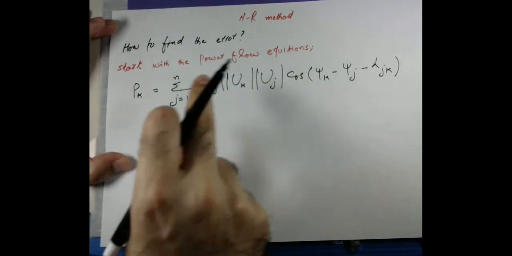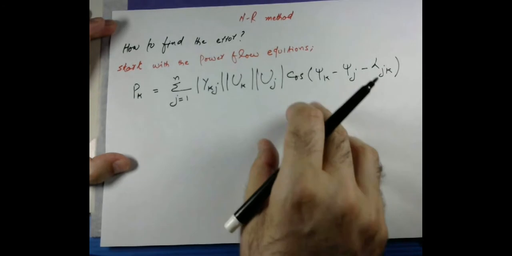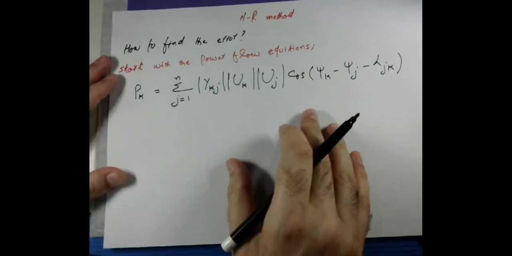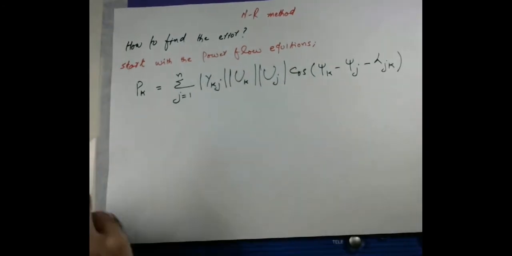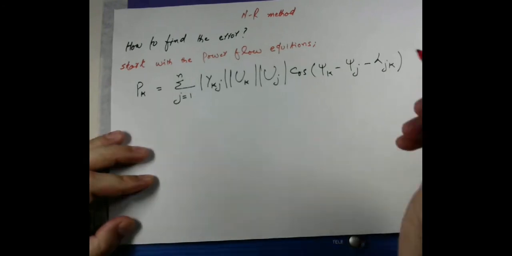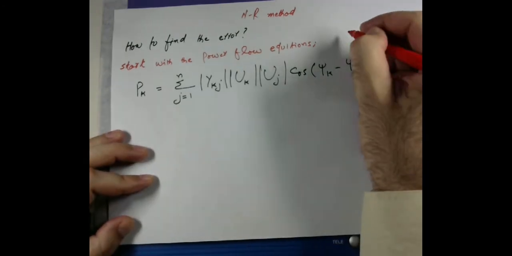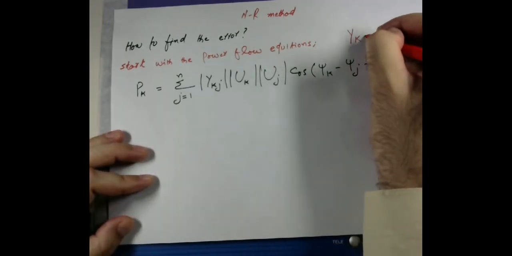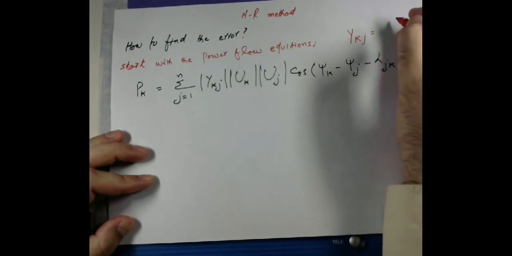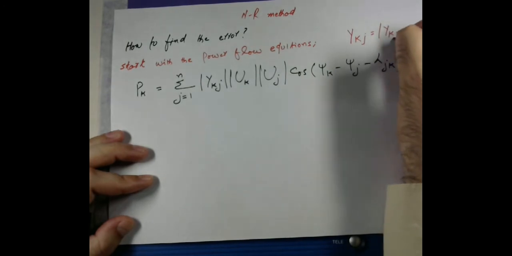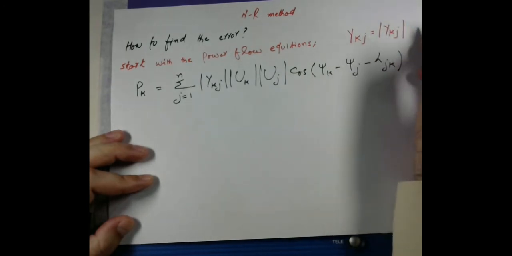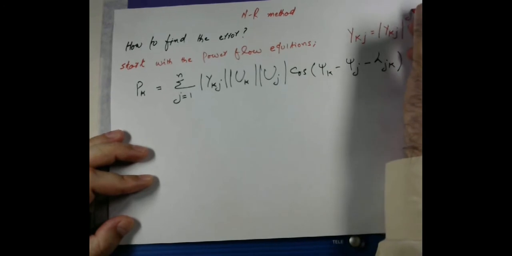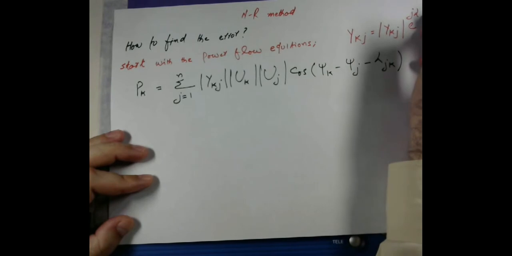These are the forms of the power flow equation when the admittances are given in the polar form, meaning that the admittances are given in the polar form with a magnitude, that is y k j e power j lambda k j.